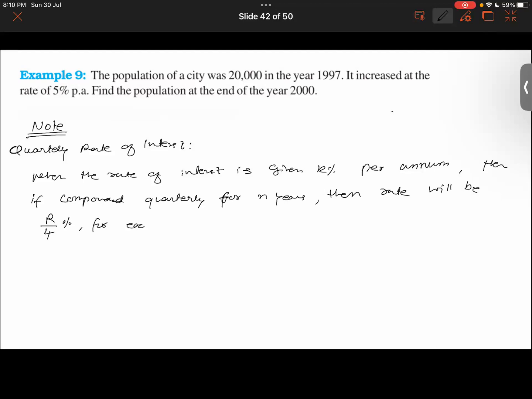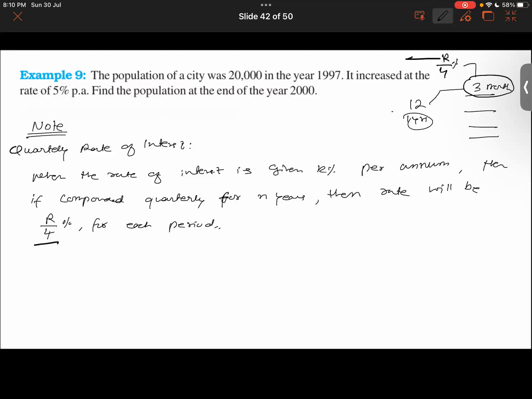For each period. So what does this period mean here? 12 months, basically 1 year, we have divided into 4 periods of 3 months each, right? So for 3 months, the rate will be R upon 4%.